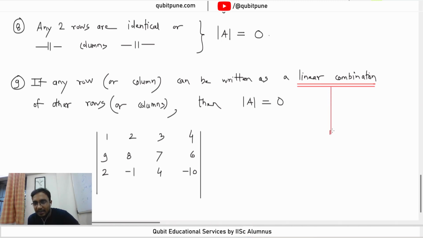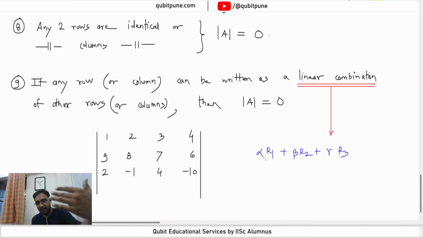Now what do I mean by linear combination? By linear combination I mean addition and scalar multiplication. Suppose I choose any scalar, that's my wish: alpha times r1, beta times r2, gamma times r3.